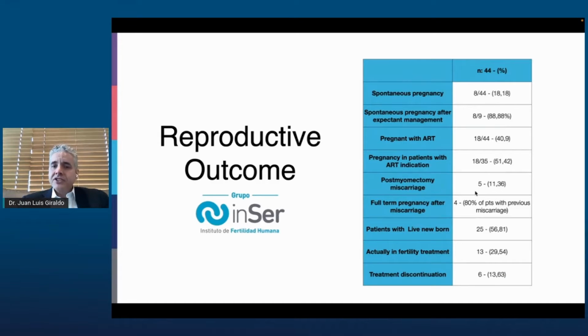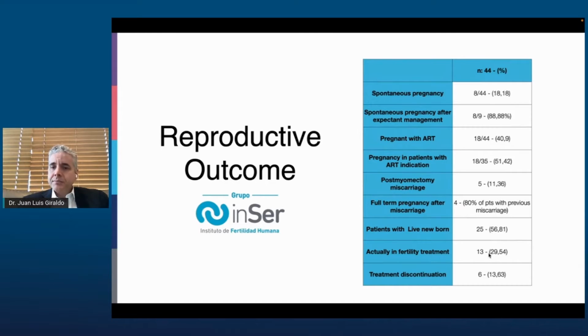And 5 patients had a post-myomectomy miscarriage. Of those 5 patients, 4 got pregnant again and had a live newborn. So of all the 44 patients, finally 25 patients had a live newborn, for a 56% pregnancy or live newborn rate after the submucosal myomectomy with this technique.